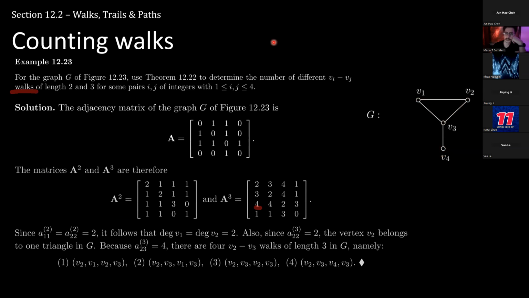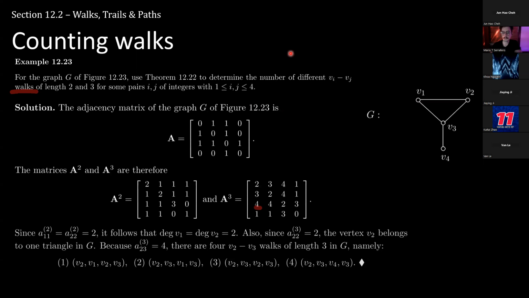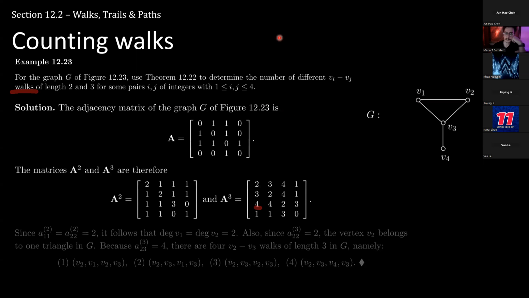Okay, so walks. So how many walks of length 4 do we have here? So we have 4 that goes from V3 to V1.